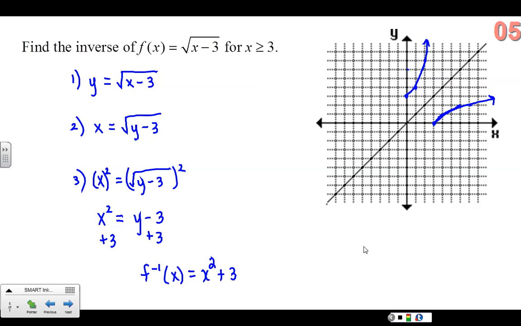And if you notice, we need to restrict the domain of this. So I'm going to say x has got to be greater than or equal to 0. We only want the right-hand portion. You don't want the whole parabola because that would not be one-to-one.